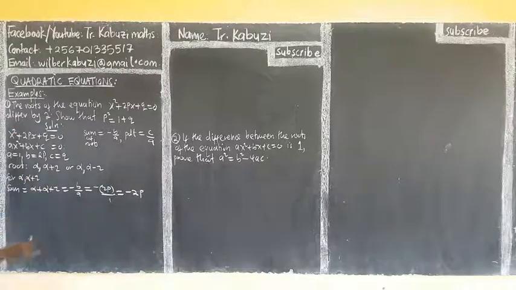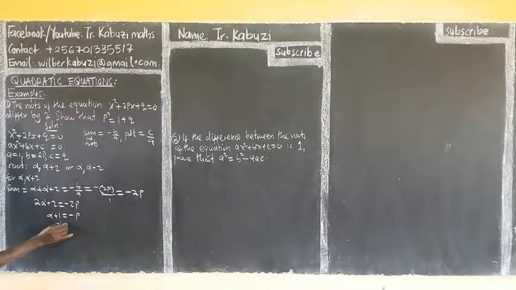So from here, if I add, I get 2 alpha plus 2 equal to negative 2p. Then we can divide through by 2, so that we have alpha plus 1 equal to negative p. If I make alpha the subject, alpha will be negative p, and this 1 on this side becomes negative 1.